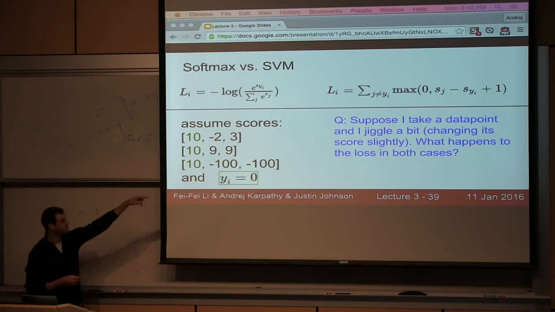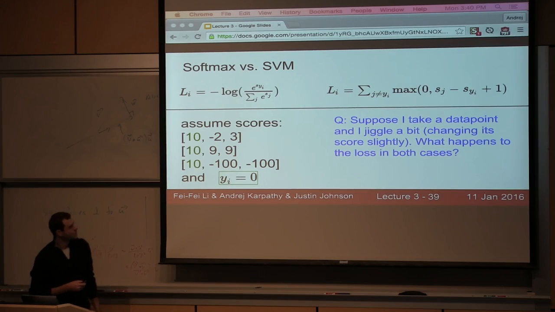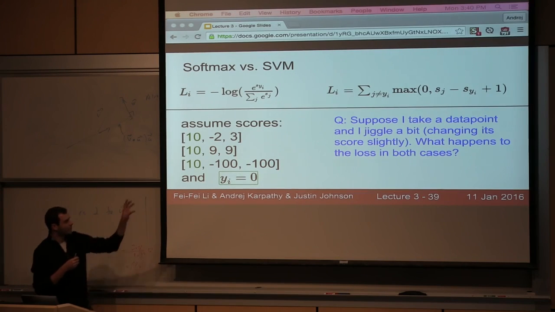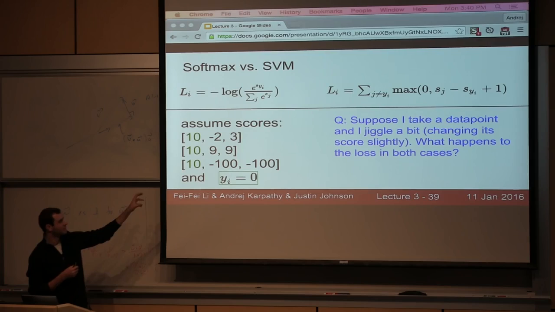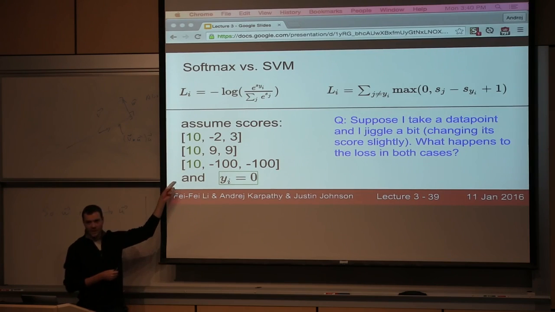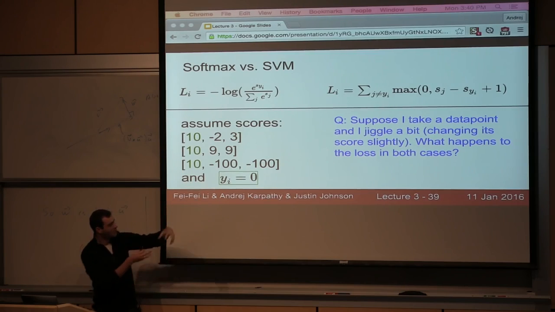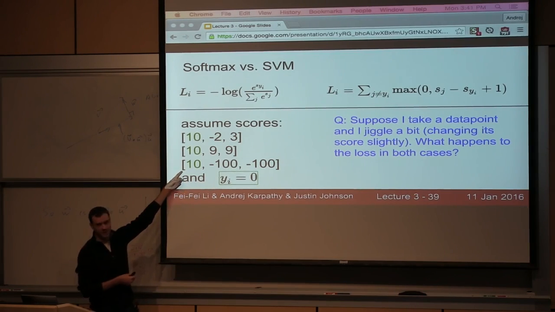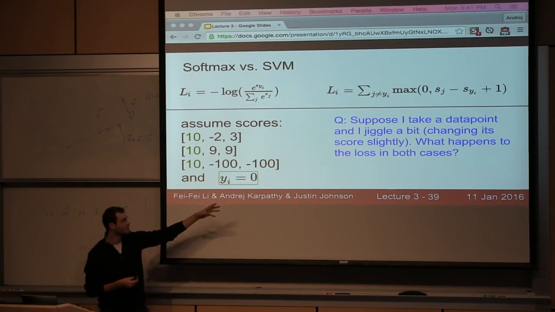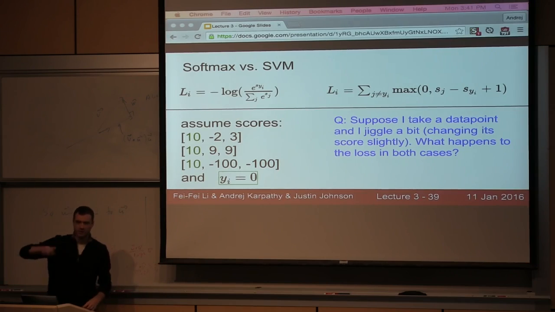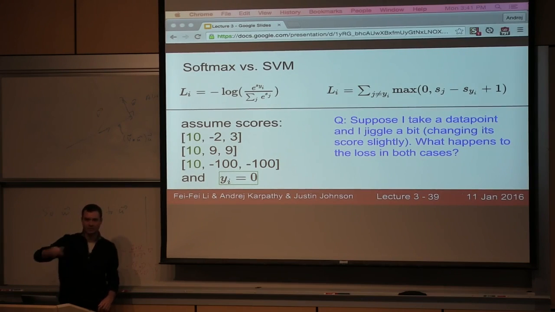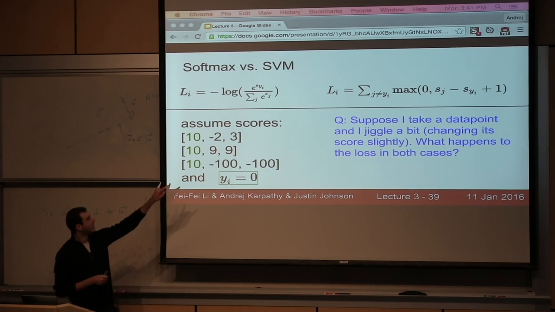Now think about what these losses tell you about how desirable these outcomes are in terms of that W. In particular, suppose I take the third data point, 10, negative 100, negative 100, and I jiggle it, moving it around a bit in my input space. What is happening to the losses as I do that?